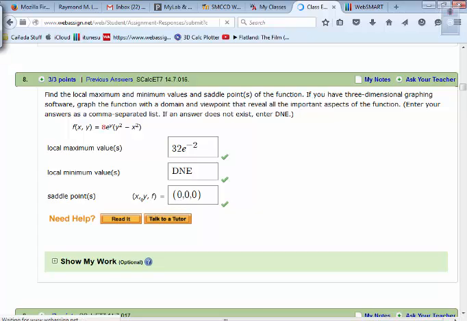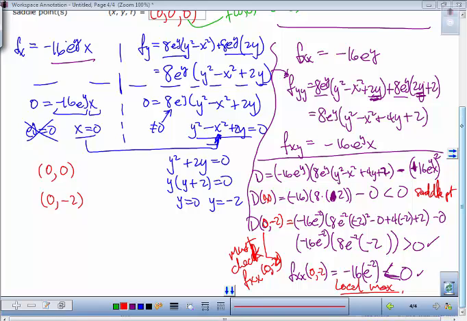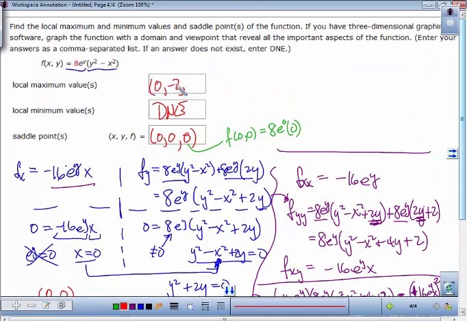So here you actually want to put in all the things. So that's what they were looking for. So 32e to the negative 2. This is the only thing that they want.